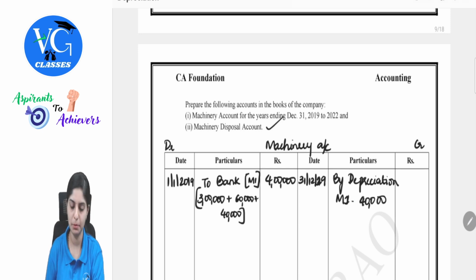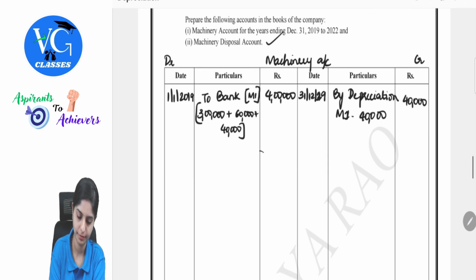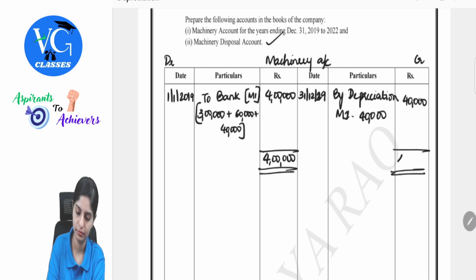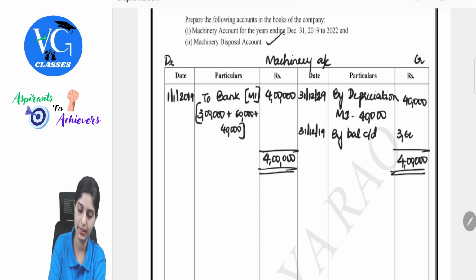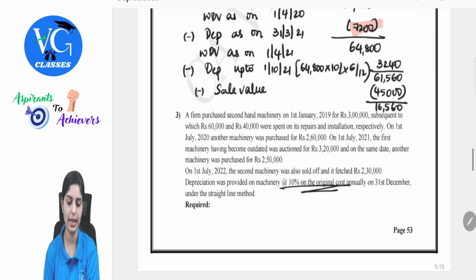How? 4 lakh 10%, 40,000 used for whole year. 31st December 19, by balance carried down 3,60,000. 1st Jan 20, to balance brought down 3,60,000.